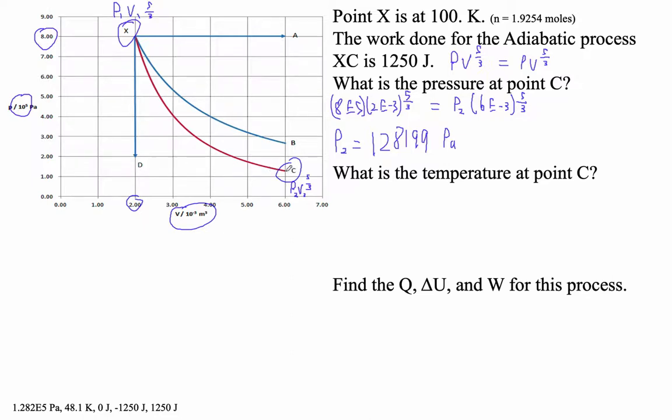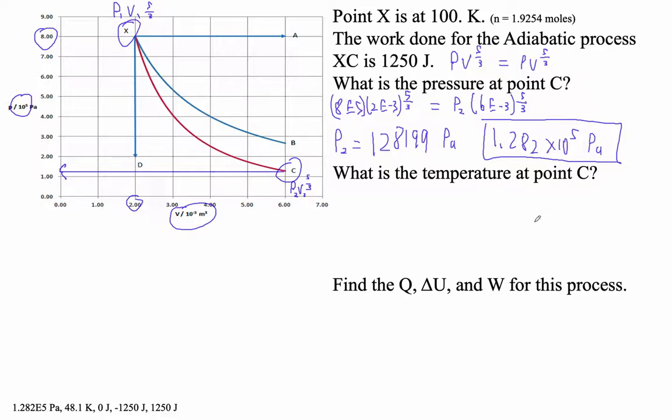I actually made a spreadsheet and did this. I didn't just take auto shapes and bend them. So that is 1.282 times 10 to the fifth Pascals. We really don't have 4 sig figs, but I'm so proud of that number that I feel like I should over-represent its accuracy.